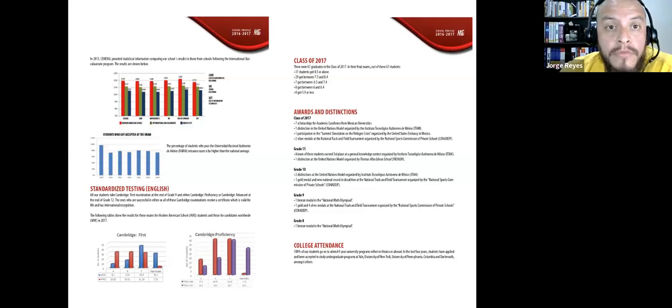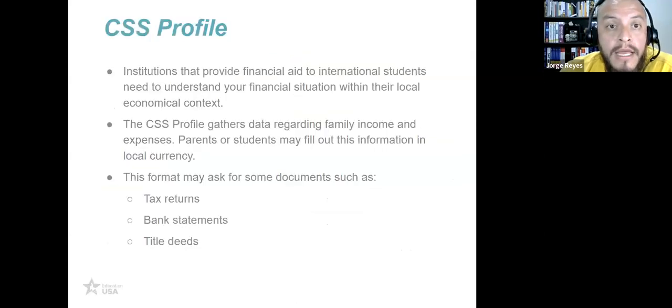And the CSS profile is another support that you can get, and this is to understand your financial situation, your financial context. It can also provide some relevant information about your finances and your family context.